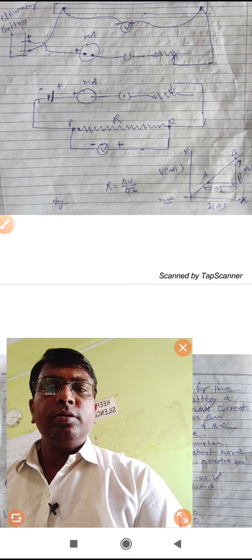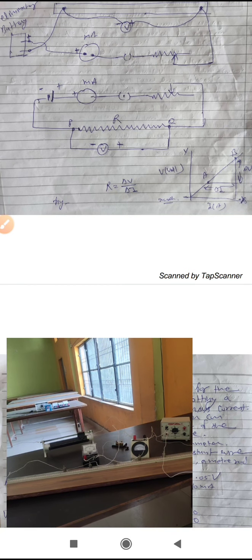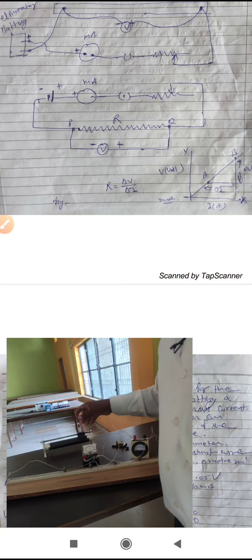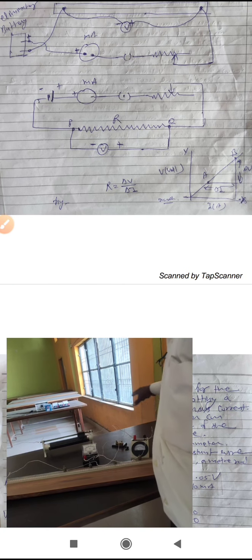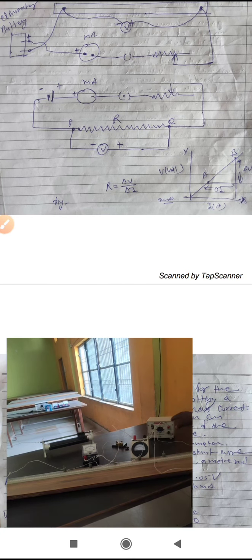Here we are introducing the circuit arrangement. That is the battery eliminator, with its positive terminal and negative terminal, the on off switch, the indicator, and the voltage selector, with which we can select the voltage.